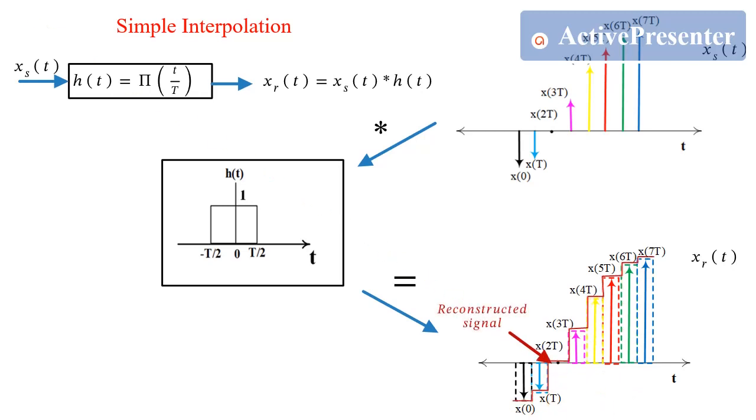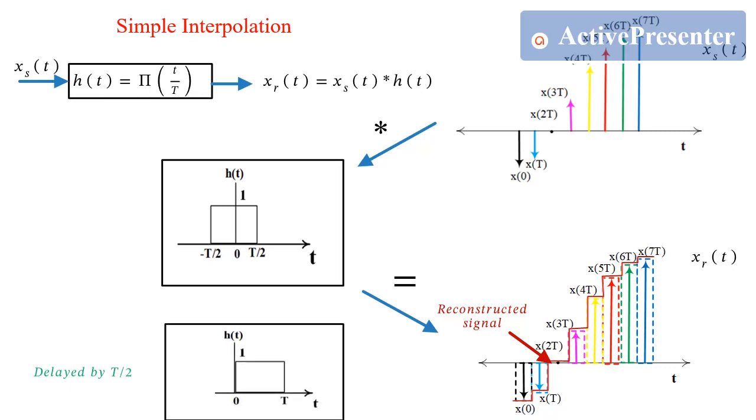But this impulse response is non-causal, and by delaying it by t/2, we get an impulse response that is causal. When the samples are convolved with this delayed impulse response, then all of the gate pulses shift by t/2, and the total effect is that the whole reconstructed signal shifts to the right or it gets delayed by t/2.